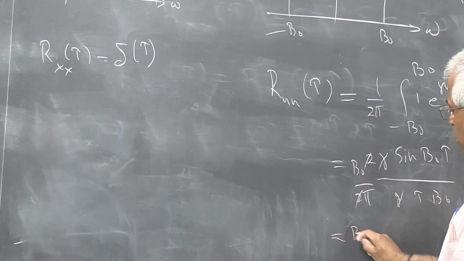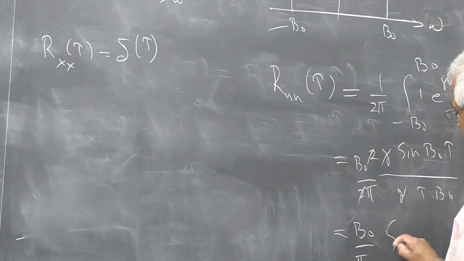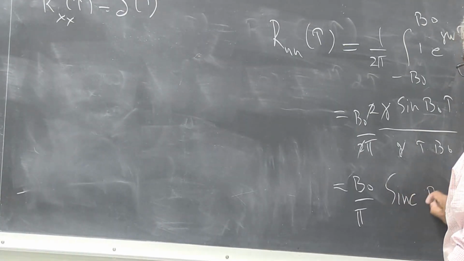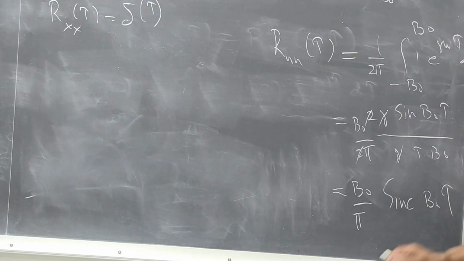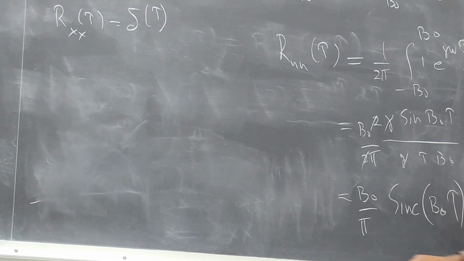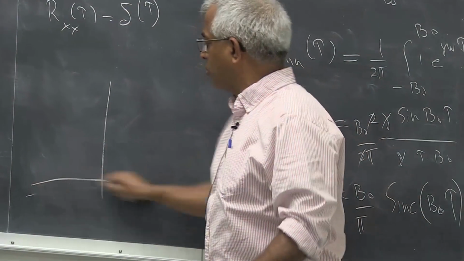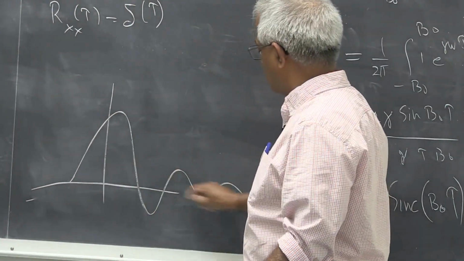So it's b naught over pi Sinc b naught tau, right? So in the time domain, the autocorrelation function is going to look like this.